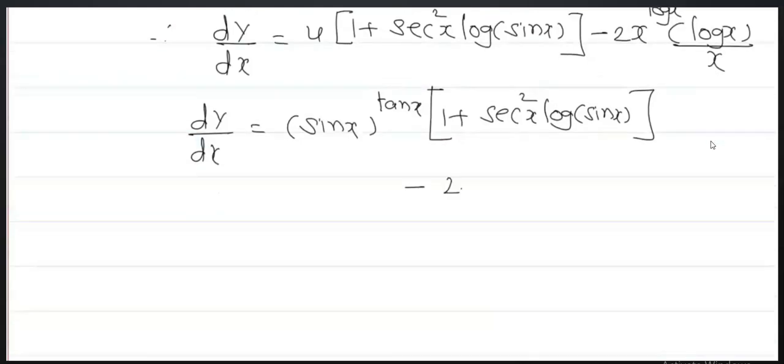The same mistake is repeated here. Therefore dy by dx is equal to sin x raised to tan x in bracket 1 plus sec square x into log of sin x minus 2 into x raised to log x into log of x upon x.